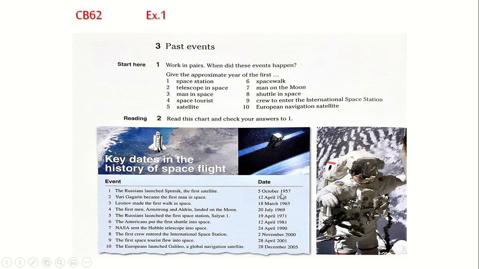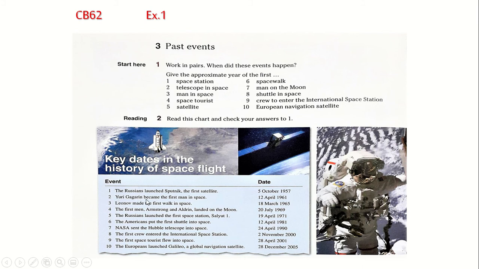Yes, on the 5th of October 1957. So number 1 here, 1957. Where should it go? For number 5 here. So here we should write the year 1957.